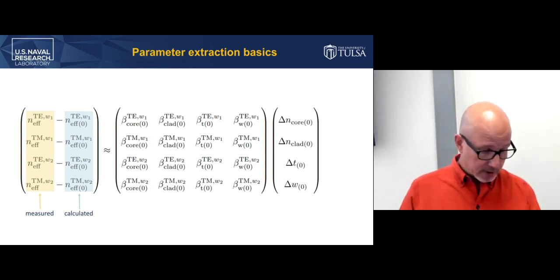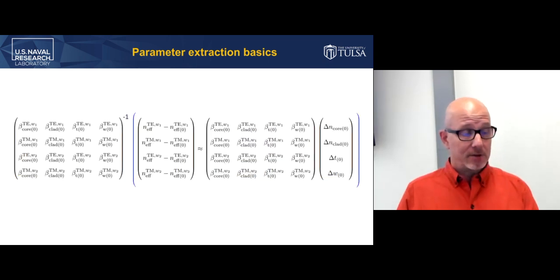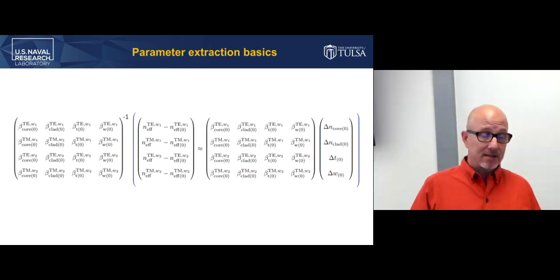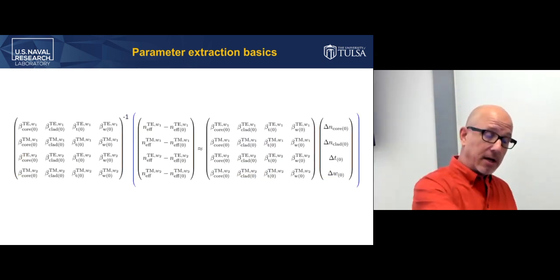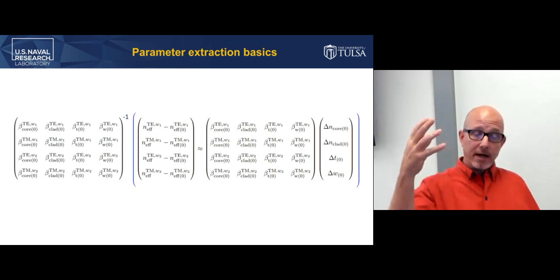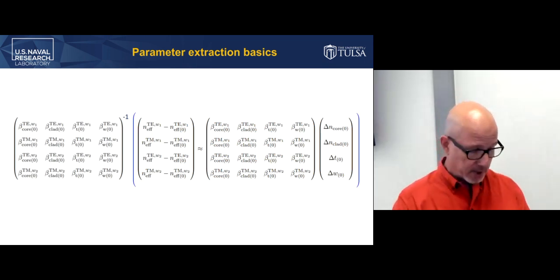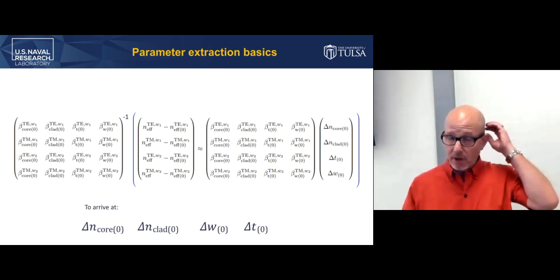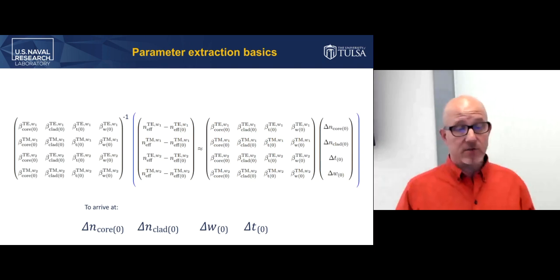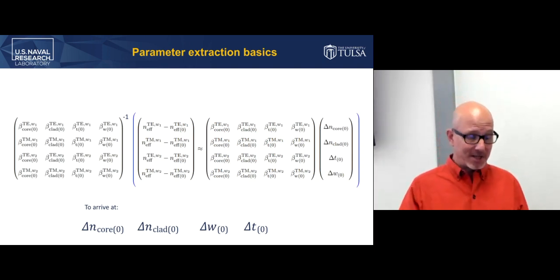Okay, which of course, as I mentioned before, we're going to use an inverse method. We're just going to take this sensitivity Jacobian, take the inverse of it and multiply both sides of the equation by that inverse, and from that we arrive at values of our deviations from nominal, at least our first iteration.